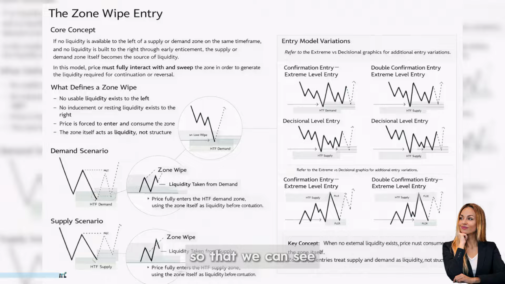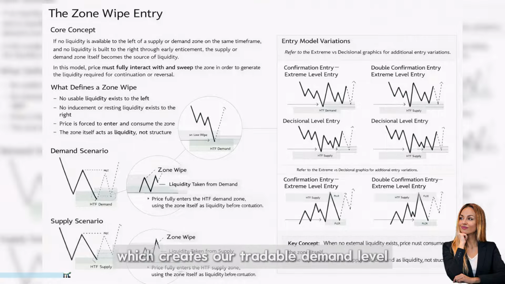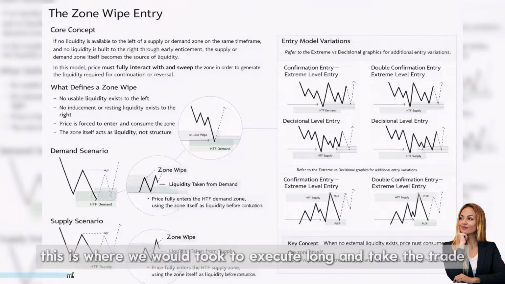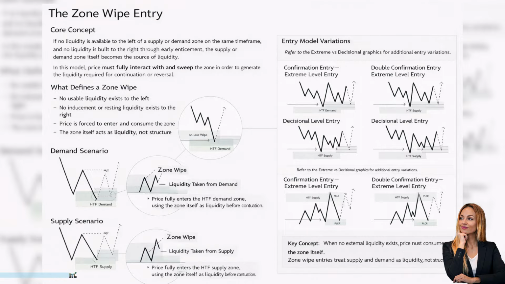So there we can see the price takes out the last point of supply, which creates our tradable demand level. Price then trades into that demand level. This is where we would look to execute long and take the trade.